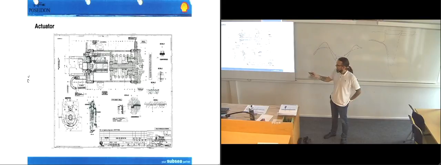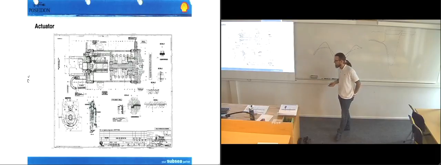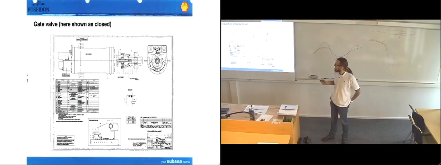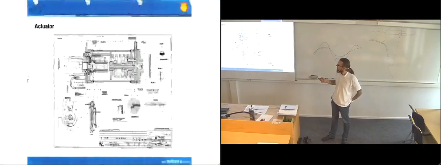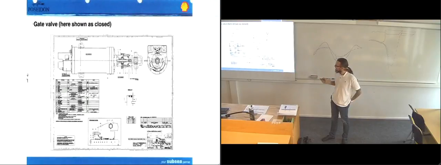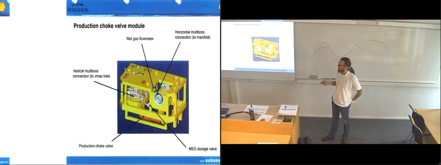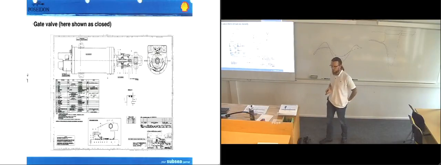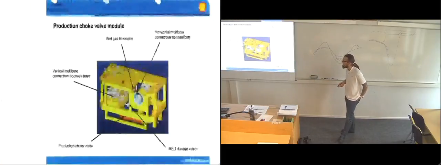And here is the control part for the ROV, so it can come in with a torque tool and rotate it to run the valve itself. That's the same valve. This is just the actuator of the valve, and here's the valve part shown there. We also looked at the gate valves earlier on in Appendix A, so I'm not going to go too deep into this.